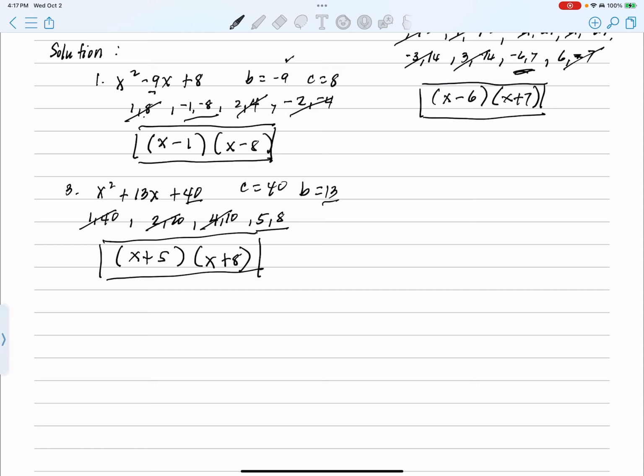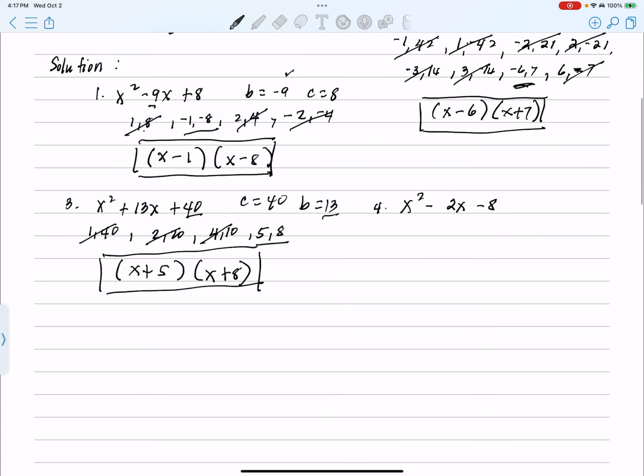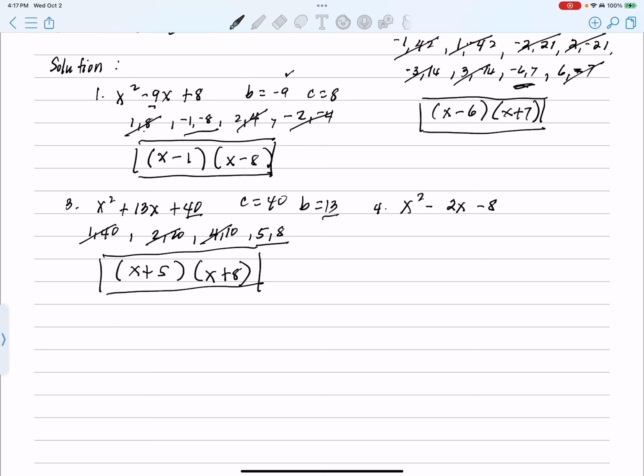Okay, let's have the fourth one. How about if our polynomial is x squared minus 2x minus 8? You see, in the first one, I'm giving you the middle term negative.